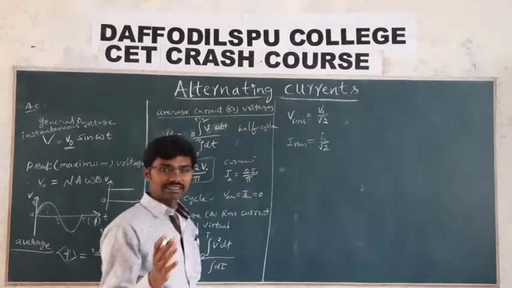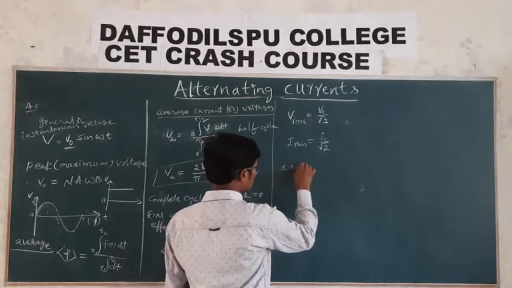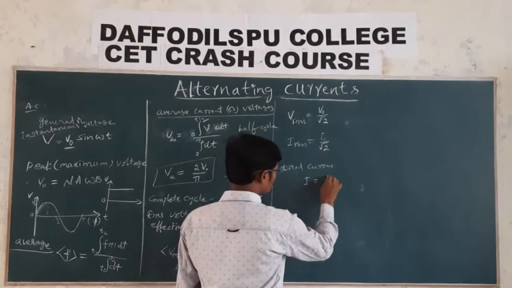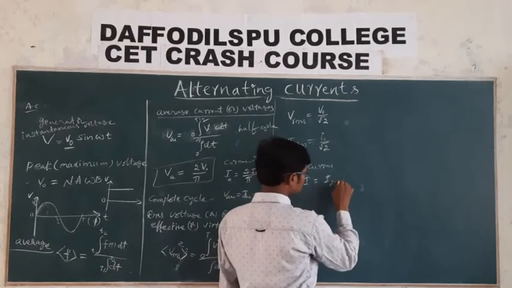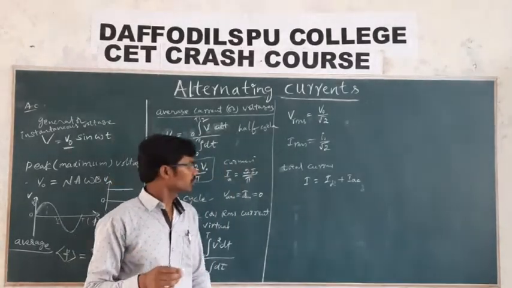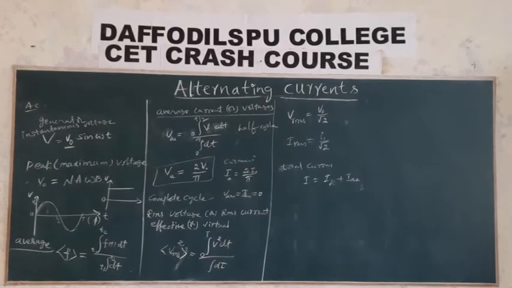Then, let us move further. When we discuss total current or total voltage, the total current is I equal to I DC plus I AC. The current in a circuit is nothing but both DC and AC together.